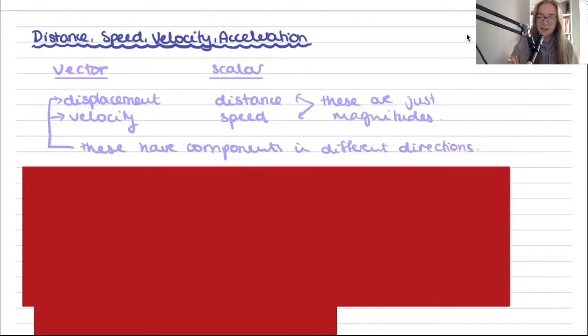Vectors have both magnitude and direction, and a scalar only takes into account the magnitude. So things such as energy are not going to be vectors because it is a physical quantity. You can't have negative energy, particularly, and energy doesn't act in a direction. Your velocity might act in a direction, but your energy doesn't.